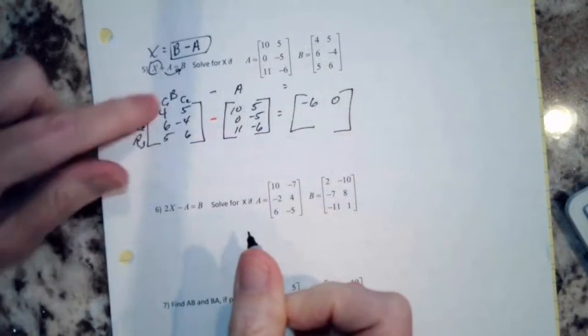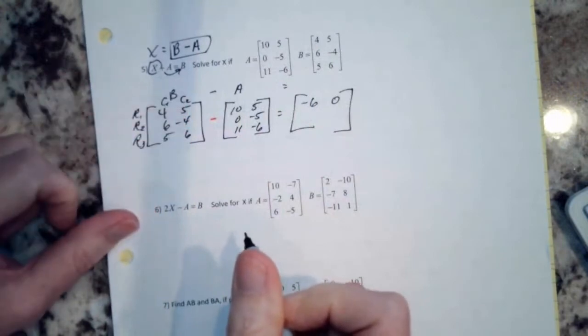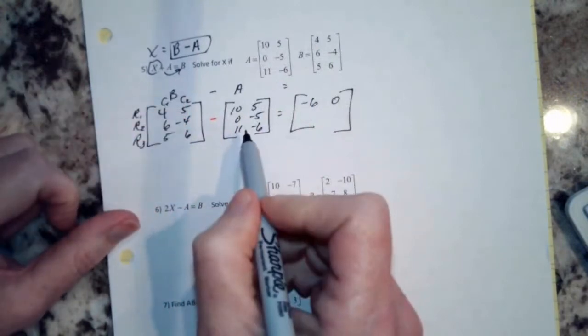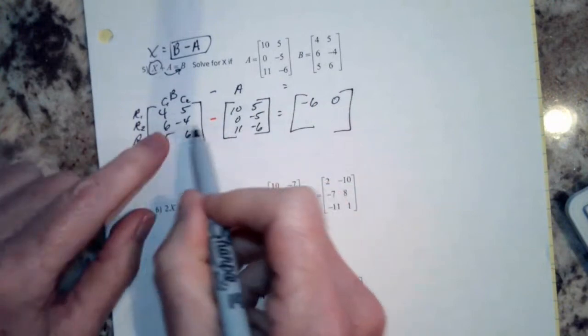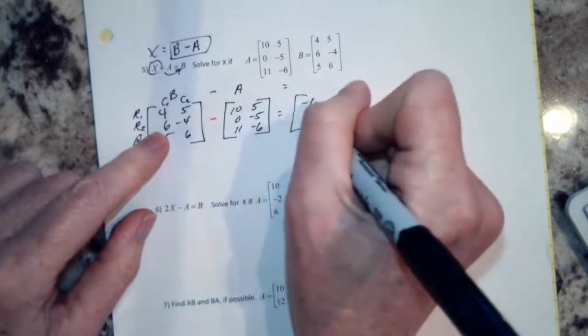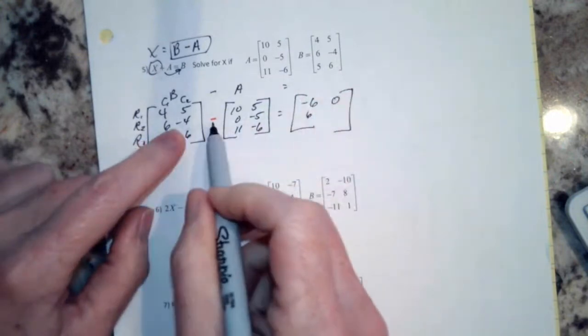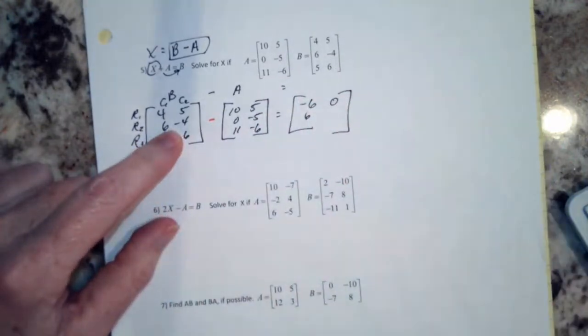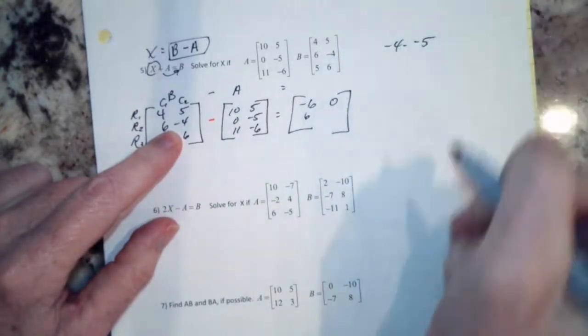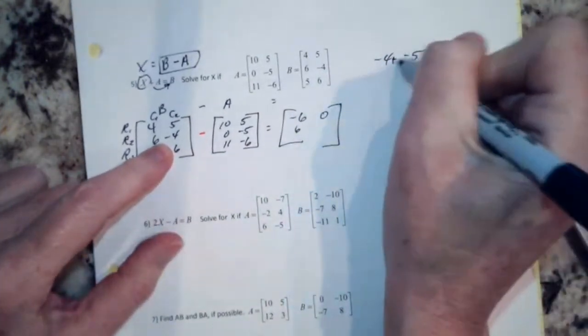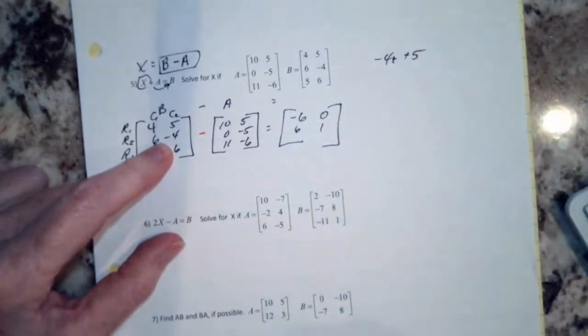So we've got row 3, column 1, and column 2. And I'm going to do the corresponding element in A with it. So 6 minus 0, -4 minus -5. If that's just a bit too much for you to do out in the air, write it out somewhere. Plus a plus, so we're getting a 1 there.